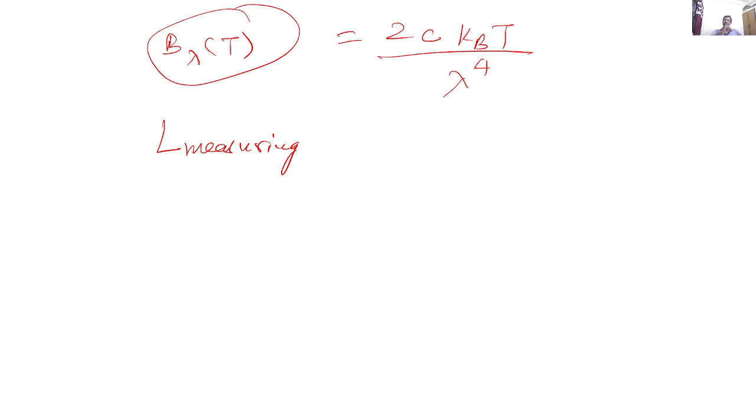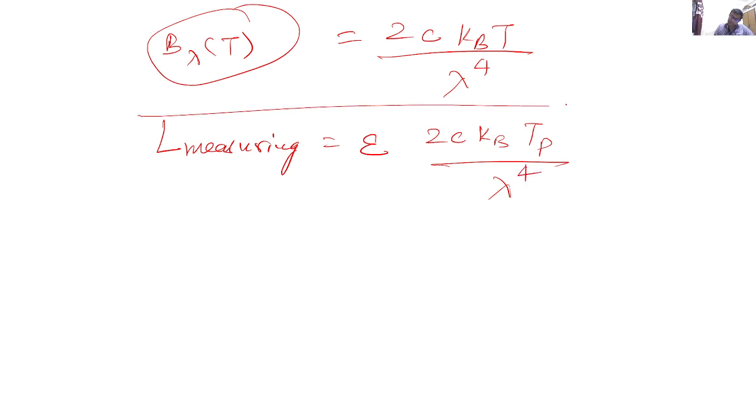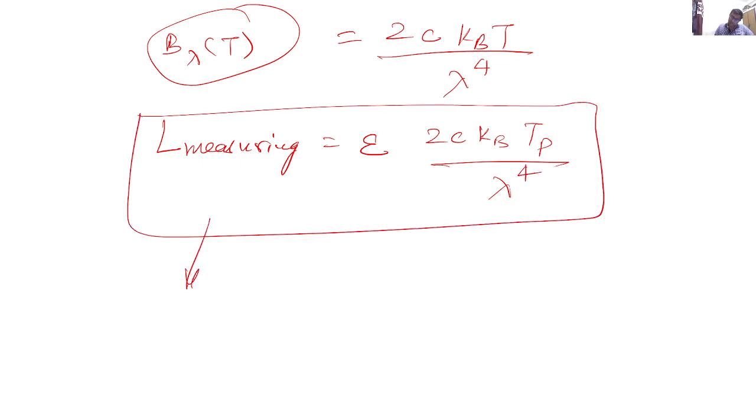So it will have some emissivity which is usually less than 1, between 0 and 1. So you just need to multiply it with the emissivity epsilon: 2c kb Tp by lambda power 4, where Tp is the physical temperature of the surface.